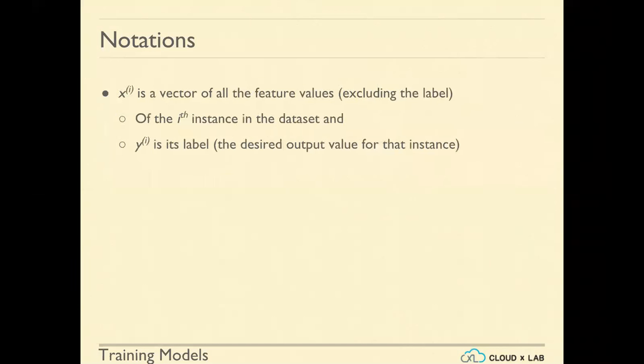Then the second notation is X and the I superfix, as in, what do you call it? This superfix. Okay. There is a good term for this. Superscript, right? Yeah, thank you. So xi is a vector of all the features excluding the label.